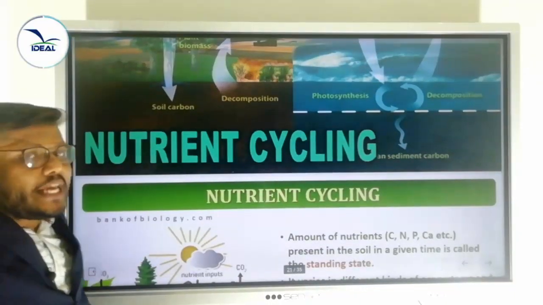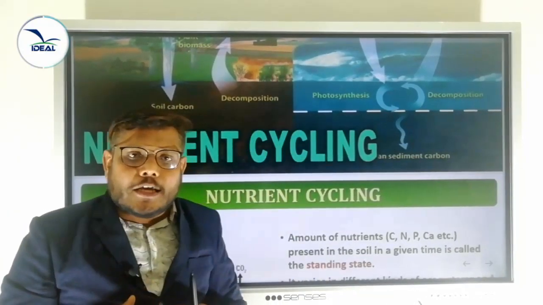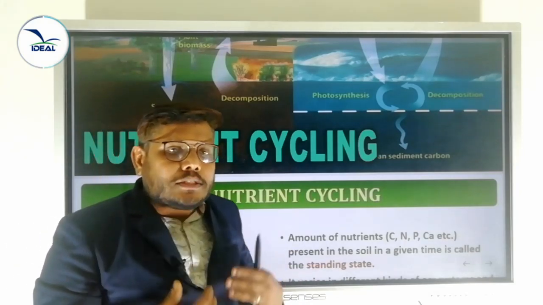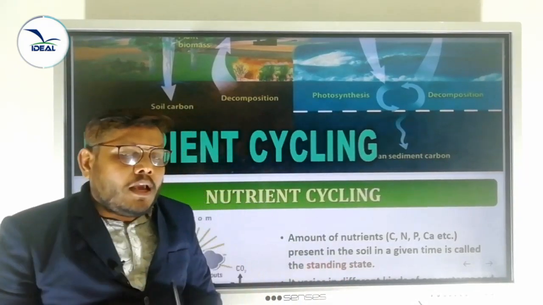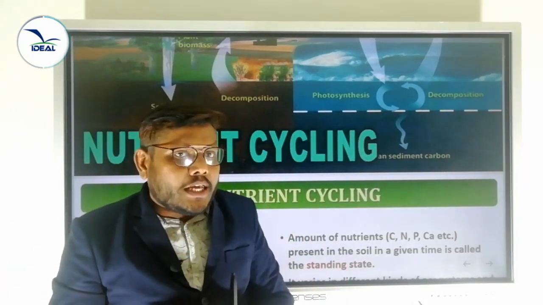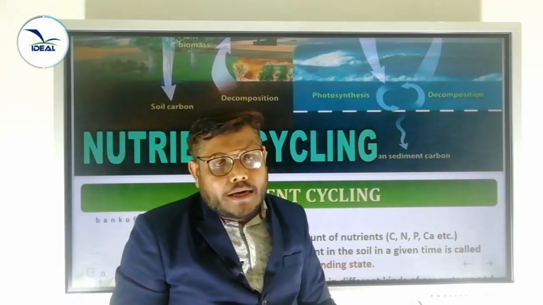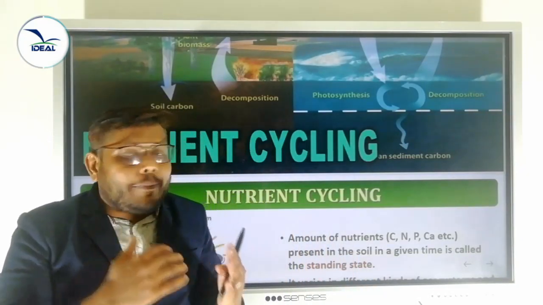What is nutrient cycling? We know that in the atmosphere different nutrients are present, like carbon, hydrogen, oxygen, water. All these nutrients are transferred from abiotic to biotic and back to abiotic in a more or less cyclic manner. That is called a nutrient cycle or biogeochemical cycle.